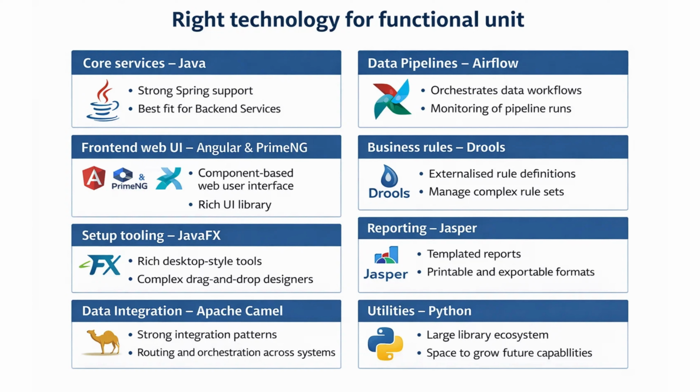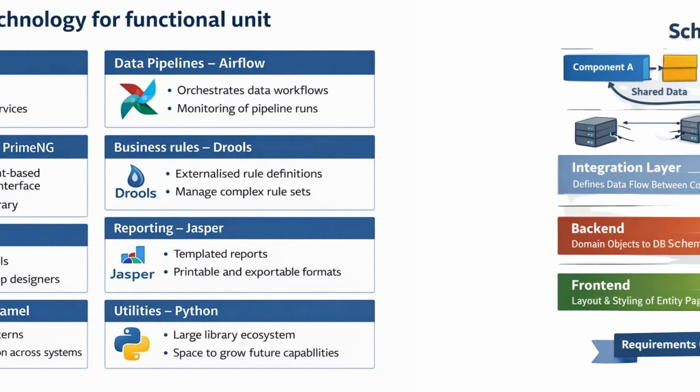Business rules are handled by Drools, which allows us to externalize rule definitions and manage complex rule sets without changing core code. Reporting is powered by Jasper, giving us templated reports that are easy to print and export for business consumption. Finally, utilities are built in Python, leveraging a large library ecosystem and leaving space to grow future capabilities on top of this foundation.